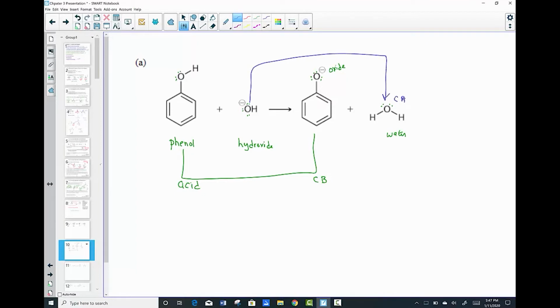Once you have them labeled, you know which direction to originate the arrow, in which direction to point. The arrow originates at the base. So think about this polar bond making this hydrogen very positive in terms of the electron distribution.